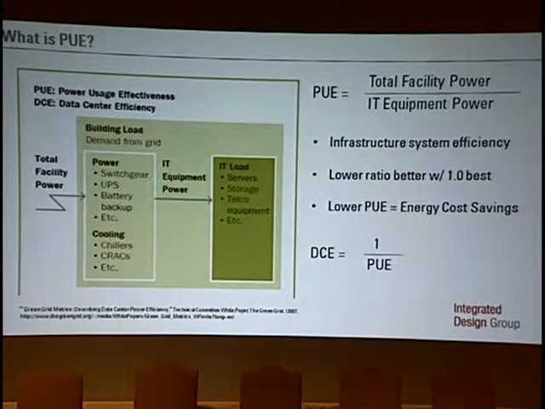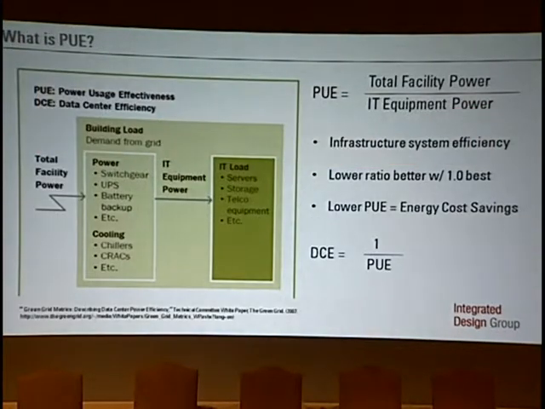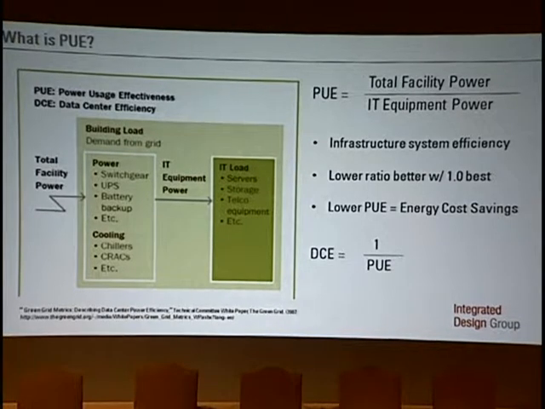The lower the PUE, the better it is, with 1 being the lowest possible ratio that you can get. That's equivalent to 100%. Data center efficiency, or DCE, is basically the inverse of PUE. And that's sometimes used because 1 or 100% would be the highest number used there.